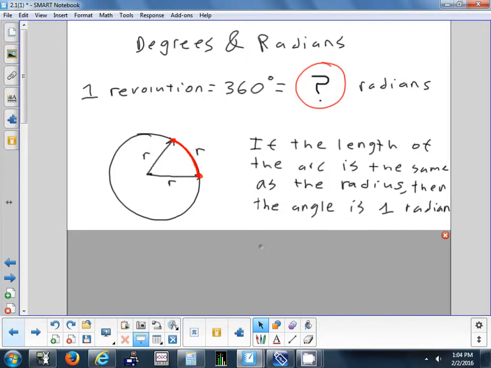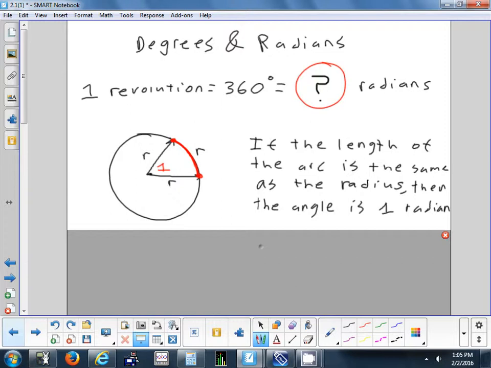All right, so this is what a radian would look like visually. If you draw an angle, and let's say you measured this arc in red with a piece of string, and then you measured this radius. If the size of this arc and the size of the radius come out exactly the same, then what you've just drawn is an angle that is 1 radian.